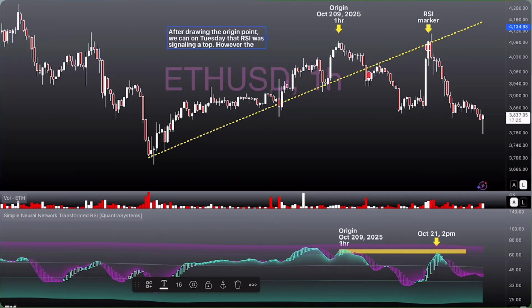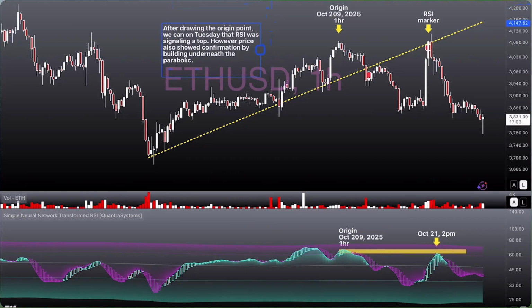However, price also showed confirmation by building underneath the yellow parabolic. Okay, so that's the first thing I want you to see.